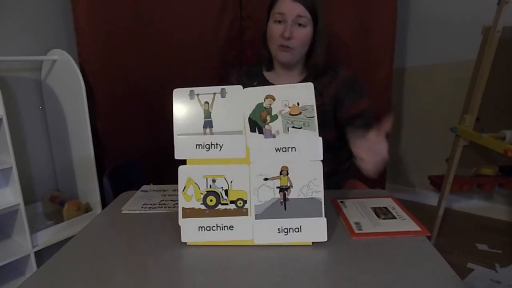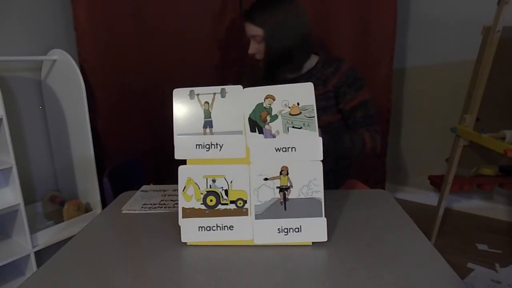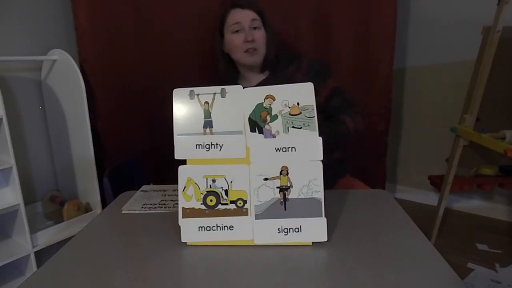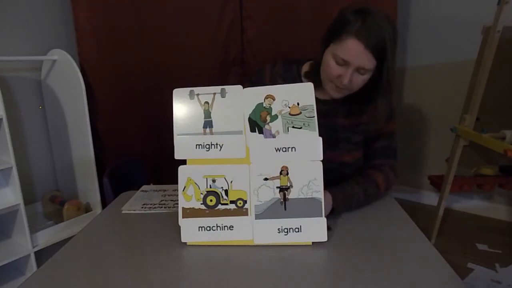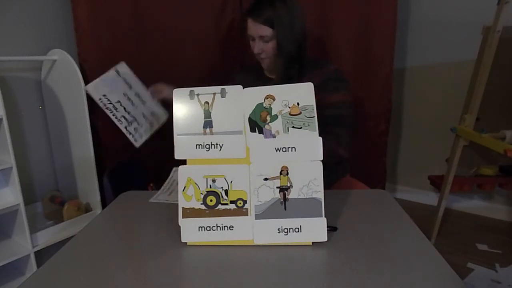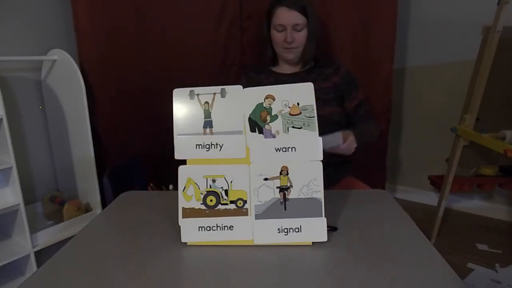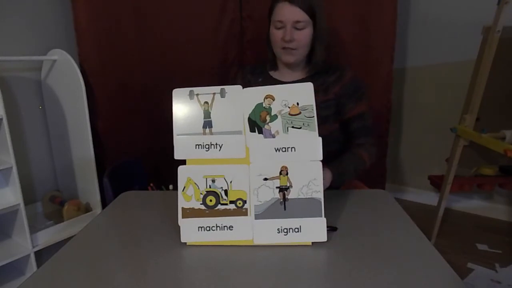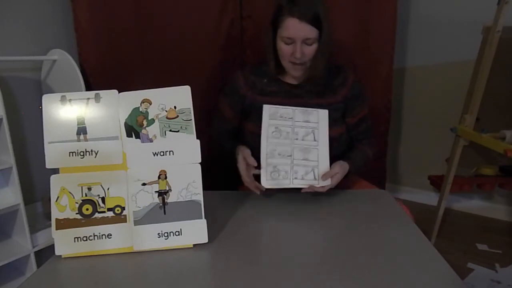Now that we have all of our vocabulary words here and we've been thinking about them, I want to talk about some of the vocabulary activities that I've sent along in the email this week. Oh, here they are. The first activity that I have for this week is our cut and paste.